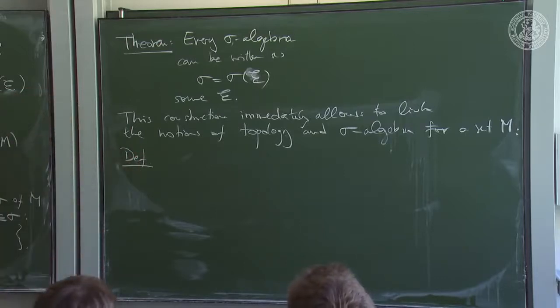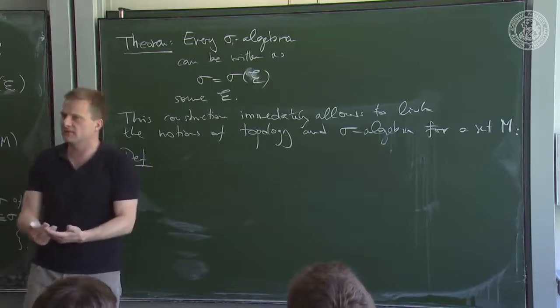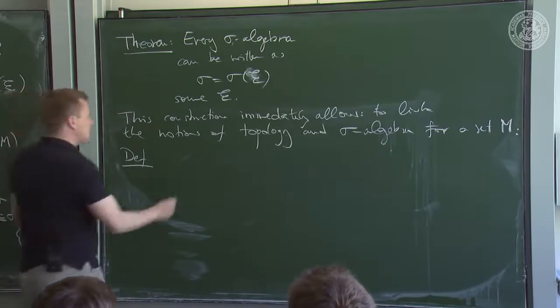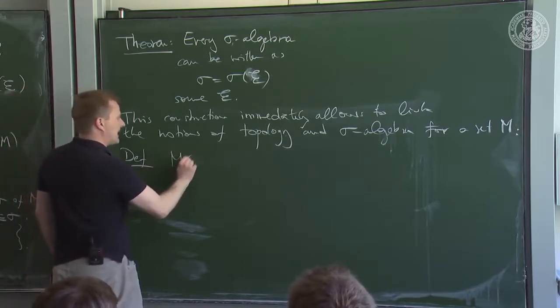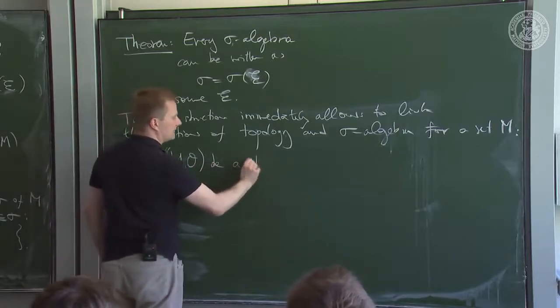So you have to specify a sigma algebra, right? It's a choice. You have a set M, and you need to make a choice of a system of measurable sets, a choice of sigma algebra. Now, maybe earlier on in your problem, you already made a choice. Namely, you made a choice for a topology. Okay? So the definition is, let (M, O) be a topological space.